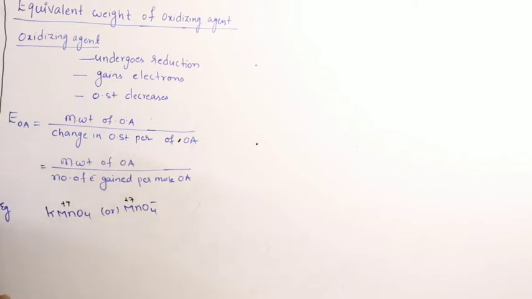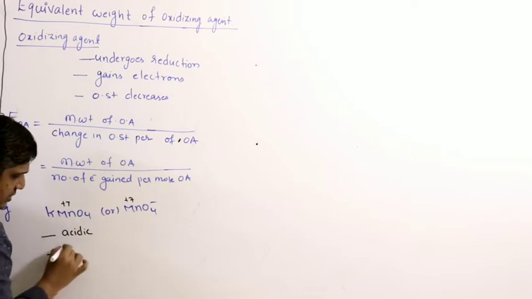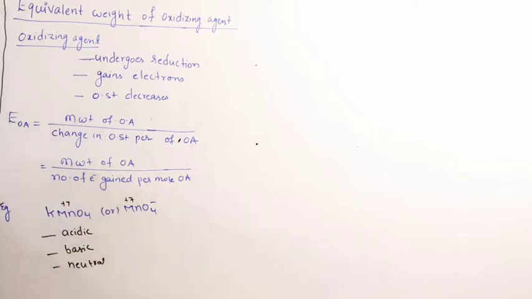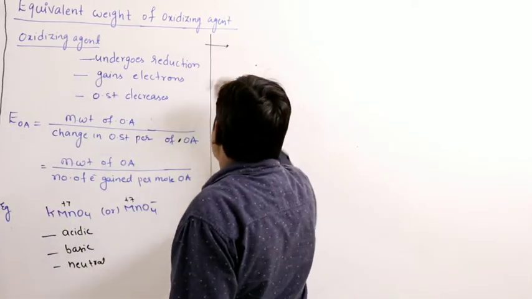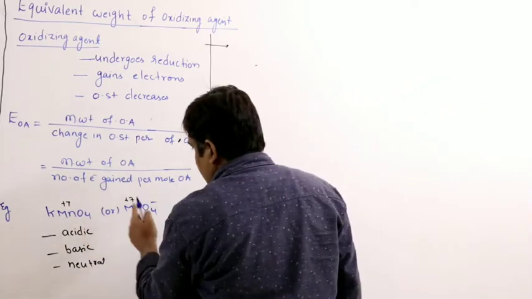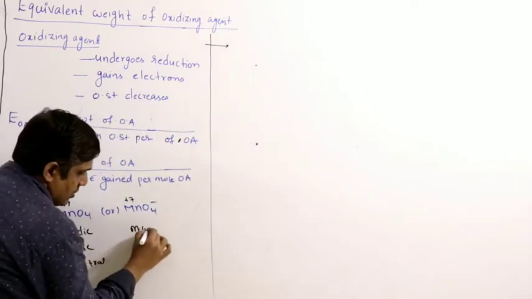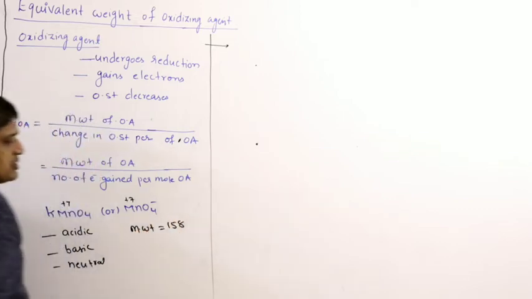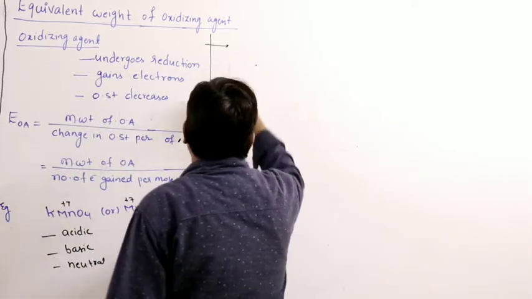It can act as an oxidizing agent in acidic medium, basic medium, neutral medium. With change in the medium, the final product will change. So you should be very careful with that. So let us see first in acidic medium, KMnO4 or MnO4 minus, and we have to know its molecular weight, 158 grams per mole. So first let us see in strongly acidic medium.